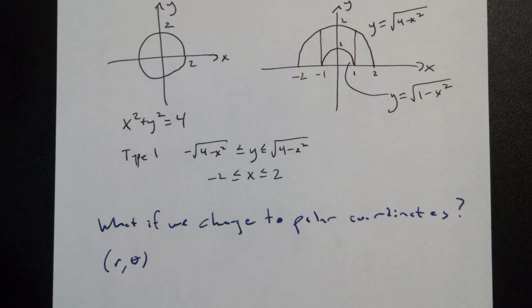That means I go out from the origin in terms of radius, and I think about going around in terms of angle. So think of it like you're unfolding a fan. First, I have to decide where the radius is, then I have to decide what angles I'm covering.